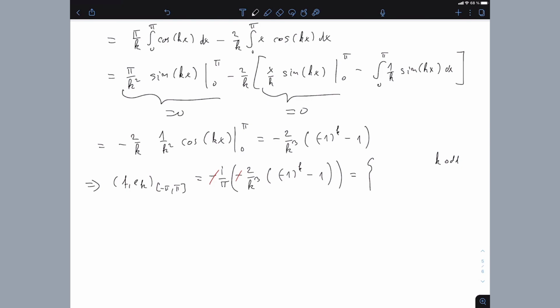So we get minus I divided by pi times 4 over k cubed. And if k is even, minus 1 to the k is just 1, and 1 minus 1 is 0.